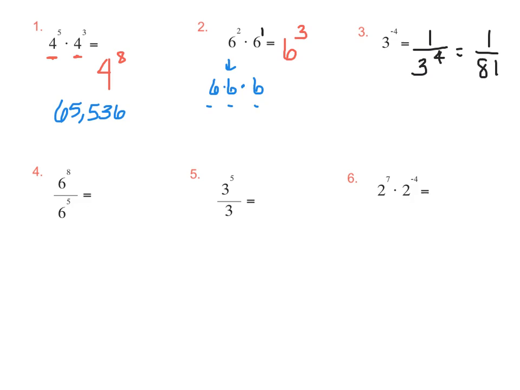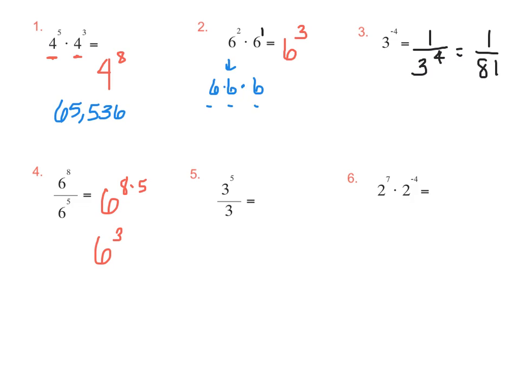All right, go ahead and simplify number 4. Now when I'm dividing exponential expressions with the same base, my base stays the same, but I'm going to subtract my exponents, so I get 6 to the 3rd power.